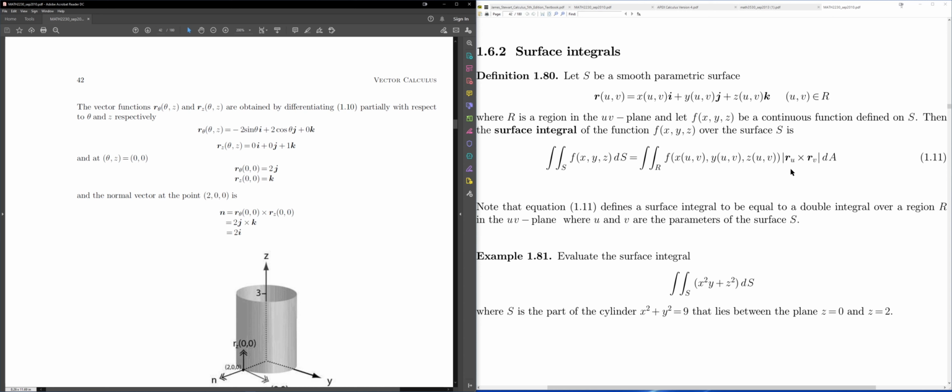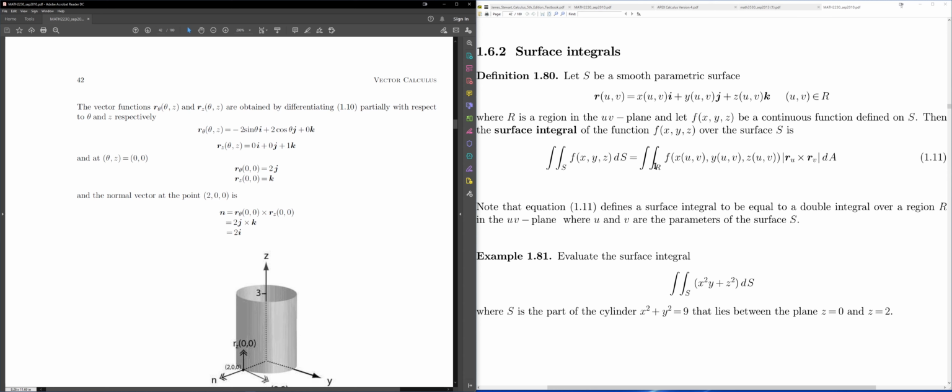The main point is that we have this object Ru cross Rv. The Ru you get by differentiating your component functions with respect to u, and the Rv you get by differentiating each of your component functions with respect to v. You take the cross product of that and then take the magnitude of the resultant vector. That is what Ru cross Rv is.